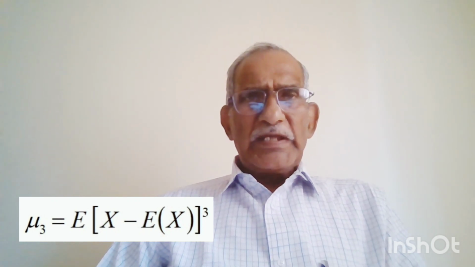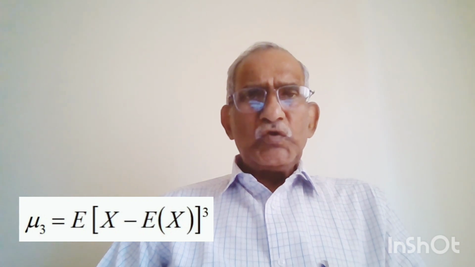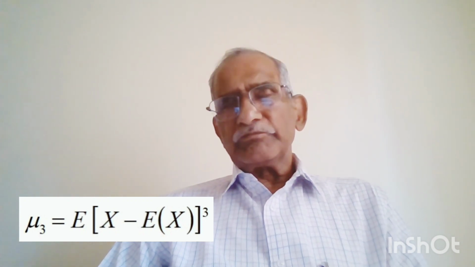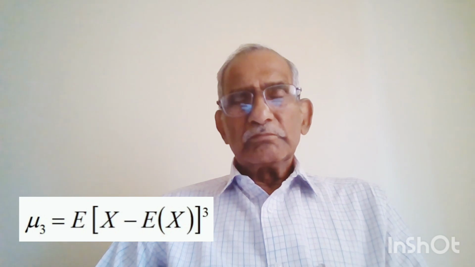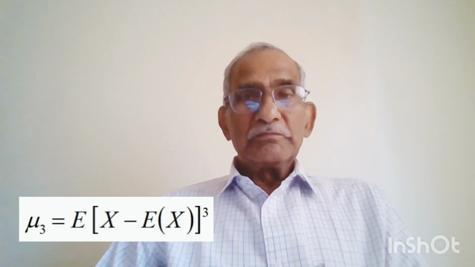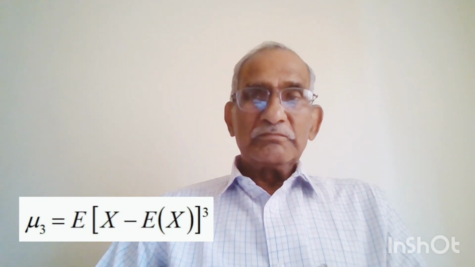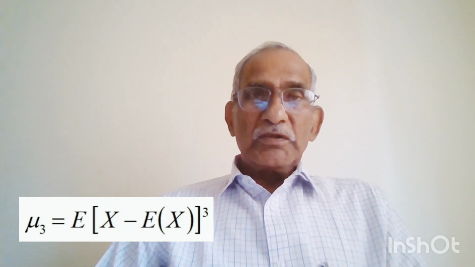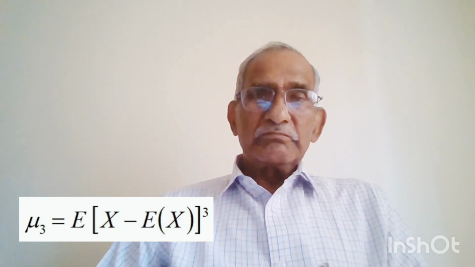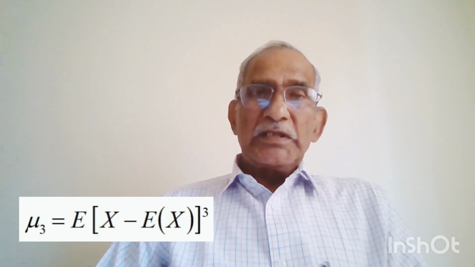It would be expressed in the cube of the unit of x. For example, if x denotes height of a person, and if it is measured in centimeters, then mu3 is expressed in centimeter cube.